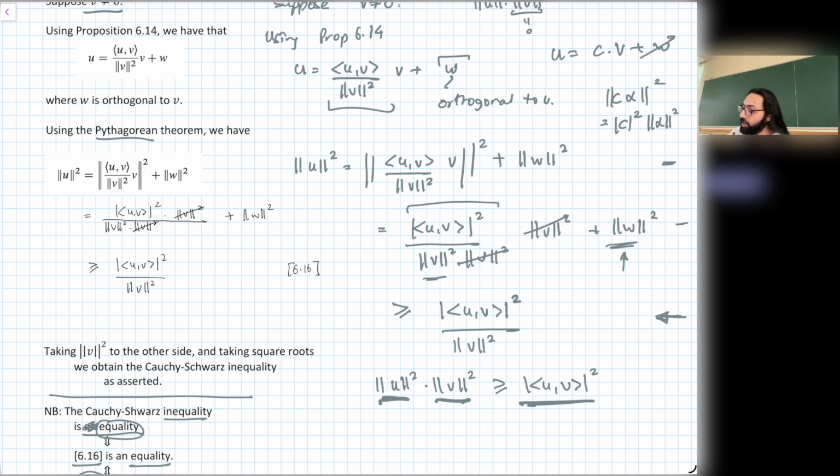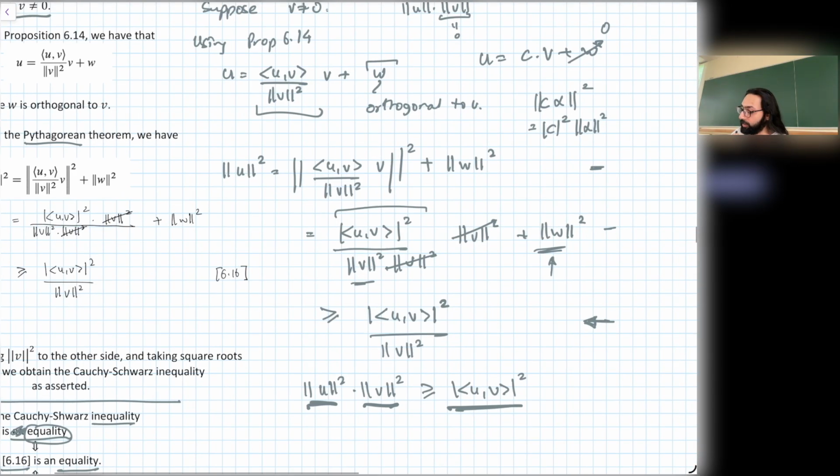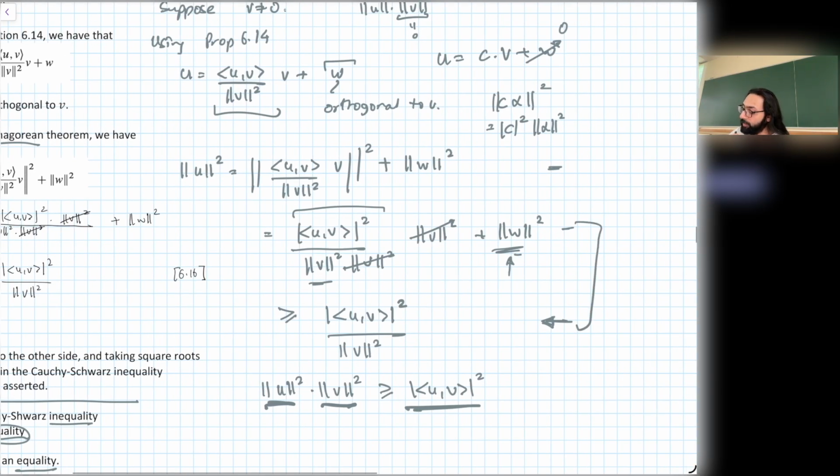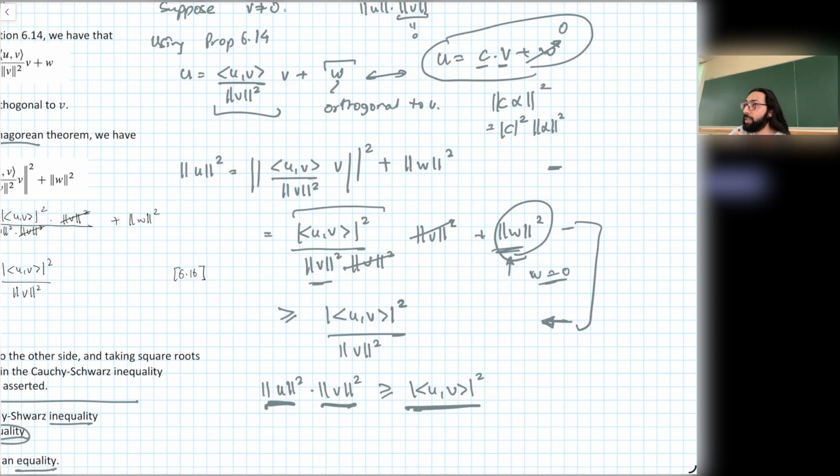And we are saying that this w has to be 0. For this step to hold, we said that this norm has to be 0. If the norm is 0, that means the vector has to be 0. And if the vector is 0, we know that this u, which we wrote as some scalar times v plus some vector w, this vector w is 0. So what does that mean? That u is what?